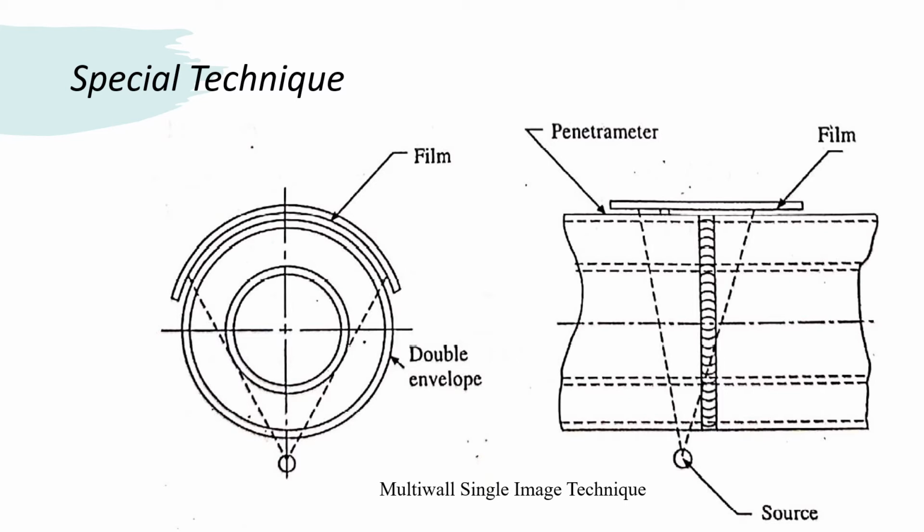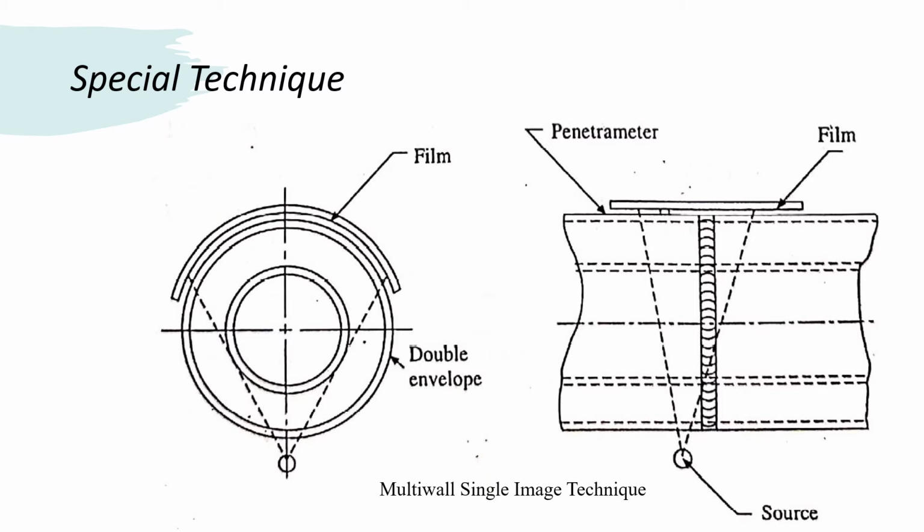Due to the geometry of the joint, the interpretable length in a single exposure is much reduced in both techniques, compared to the technique normally employed for the same diameter pipe.